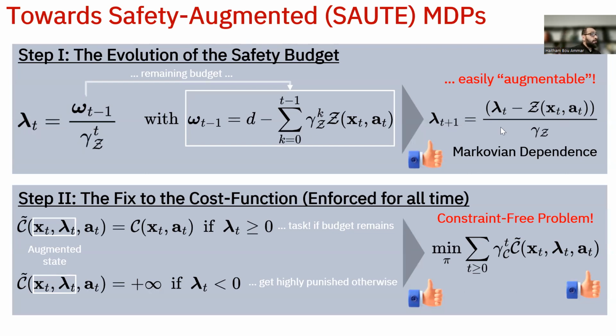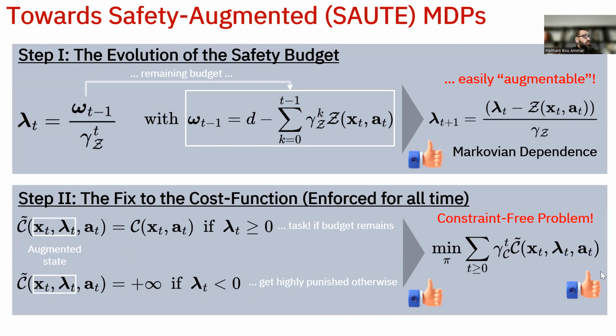So, thumbs up. And I change my cost to take into account this new state variable, so that if there is budget remaining, I will just focus on my task cost, normal standard MDP stuff. But if there's no budget remaining, then I will just focus on making sure I don't violate the constraints; I get highly punished, essentially.